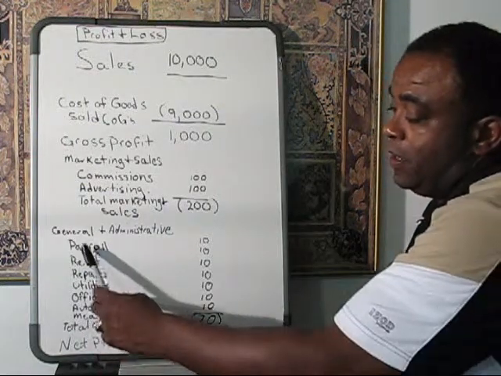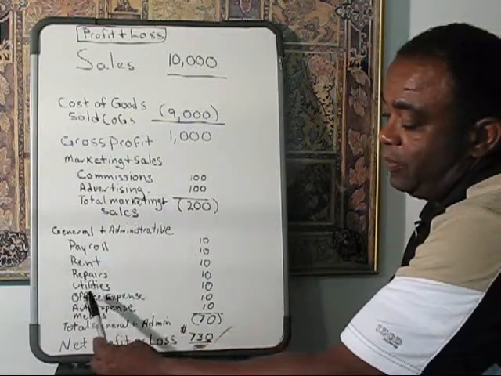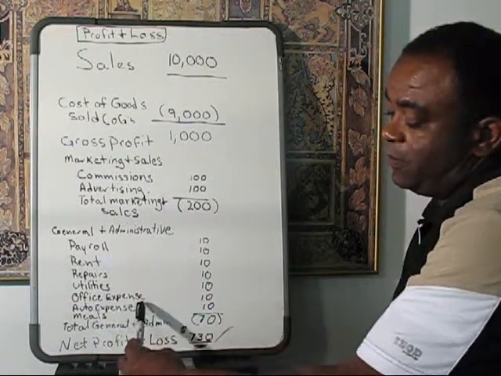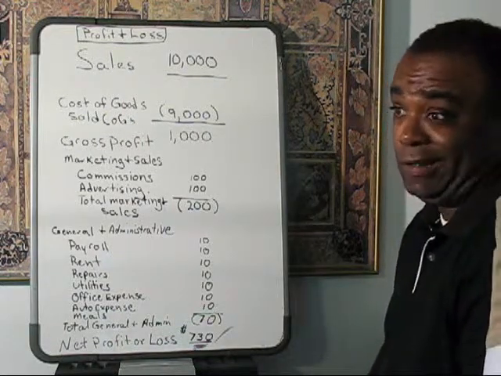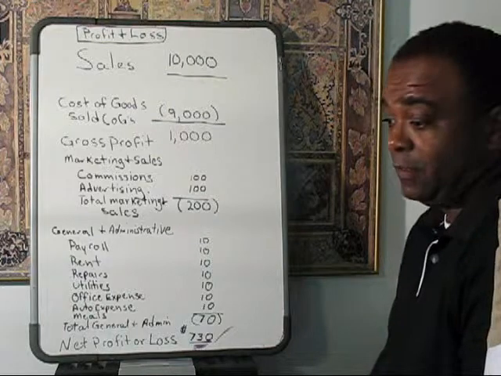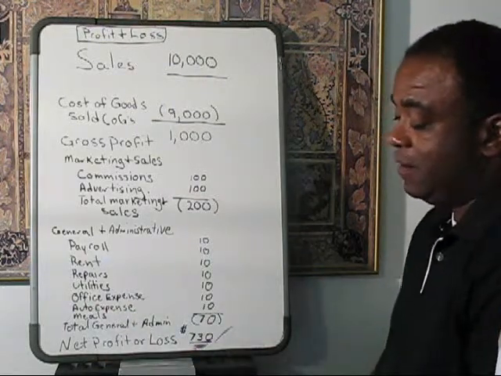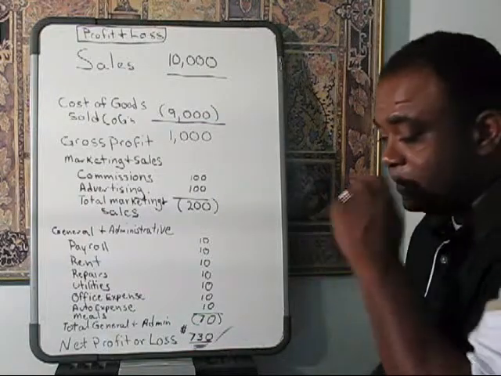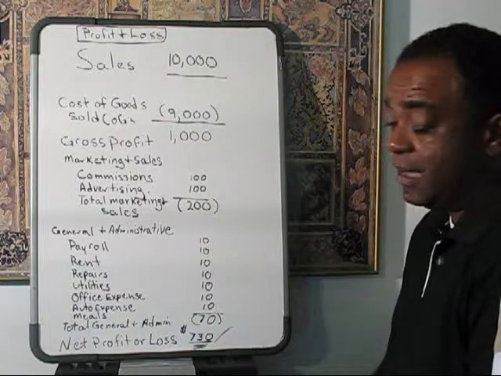Okay. Payroll, rent, repairs, utilities, office expenses. Office expenses are things like paper, ink, pencils, etc. Auto expense. Anytime you travel on behalf of business, there are different ways to deduct that, but we'll go into that in a tax section.